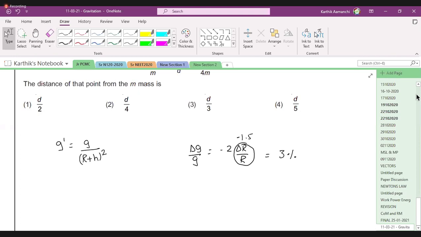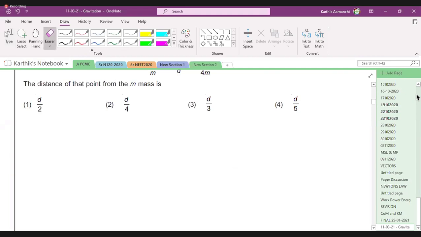Should I do the whole question for you, or is it sufficient? So can you please solve, sir? You want me to solve it? Your G is equal to GM by R square, isn't it?